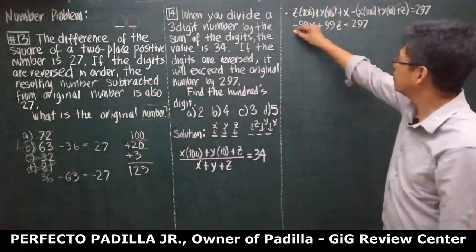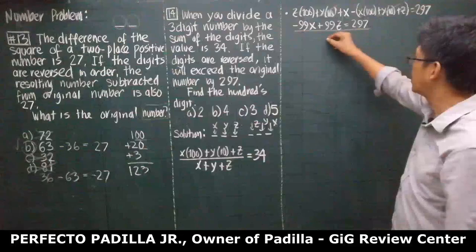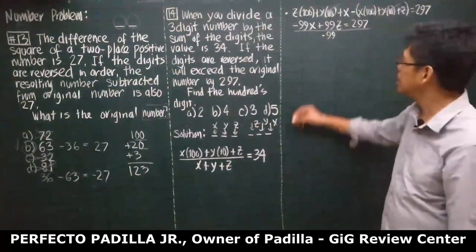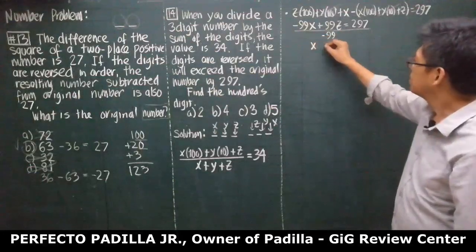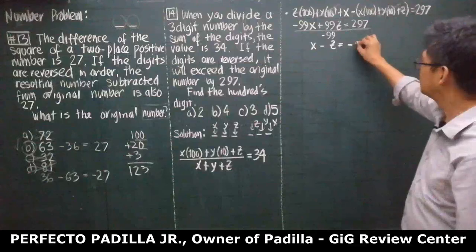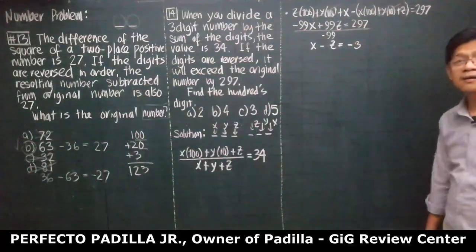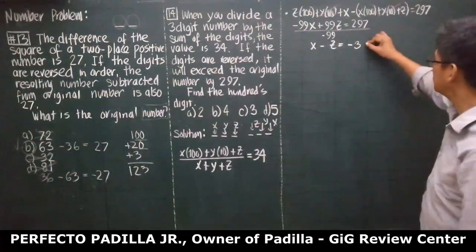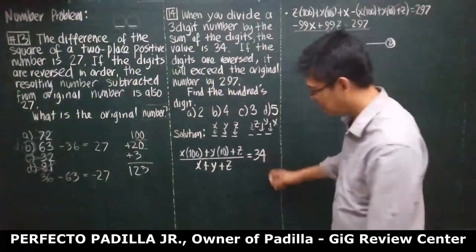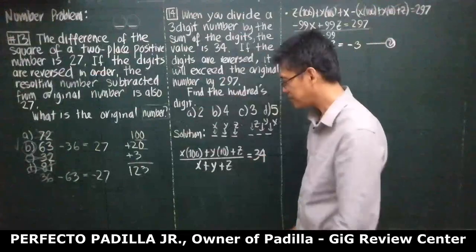If I'm going to divide everything by 99, negative 99, this should be x minus z is negative 3. Okay? So, let me call this as equation 2. This is equation 1. I-simplify natin, ha?